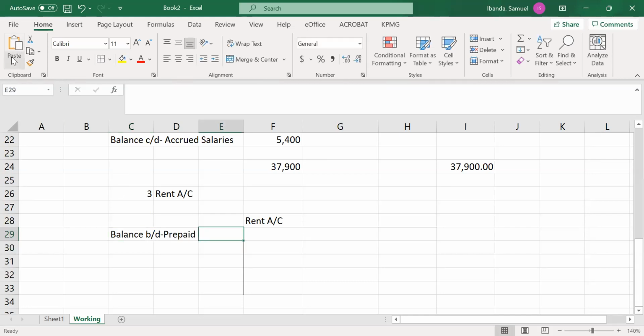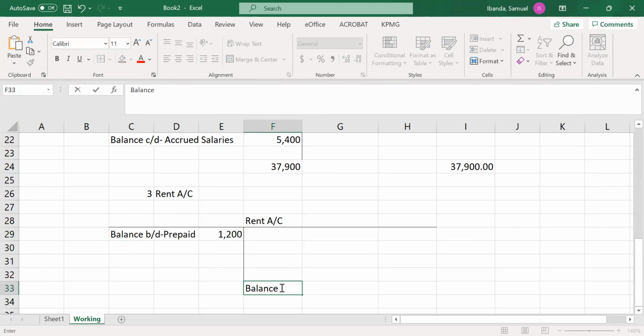is actually 1,200. And I will say balance, this is balance carried down. Balance carried down, still prepaid, my prepaid rent.